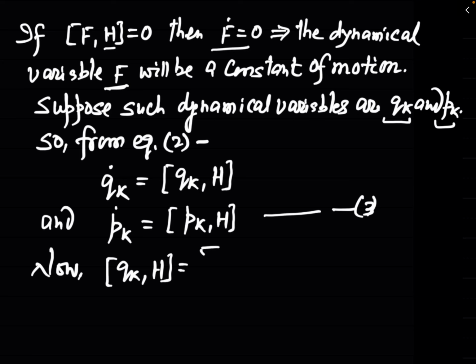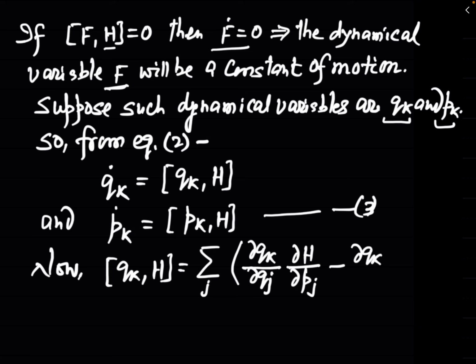You can see this will be summation over j of del qk by del qj times del h by del pj minus del qk by del pj times del h by del qj.